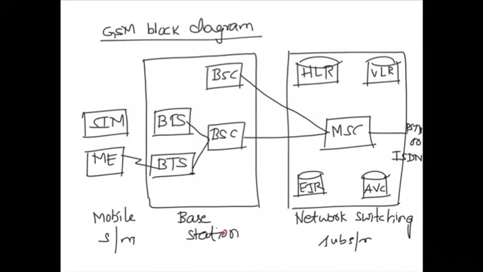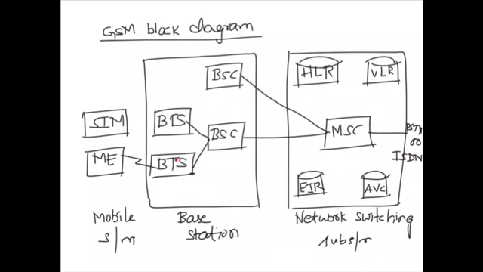Moving on to the next block, which is base station subsystem. The base station subsystem of the GSM network architecture is fundamentally associated with communicating with the mobiles on the network. It consists of one or more base transceiver station and base station controller.